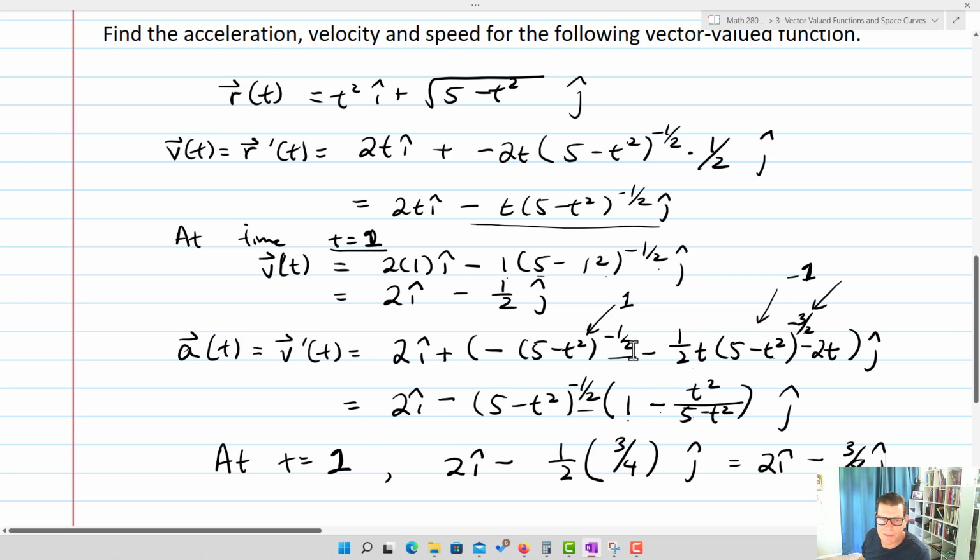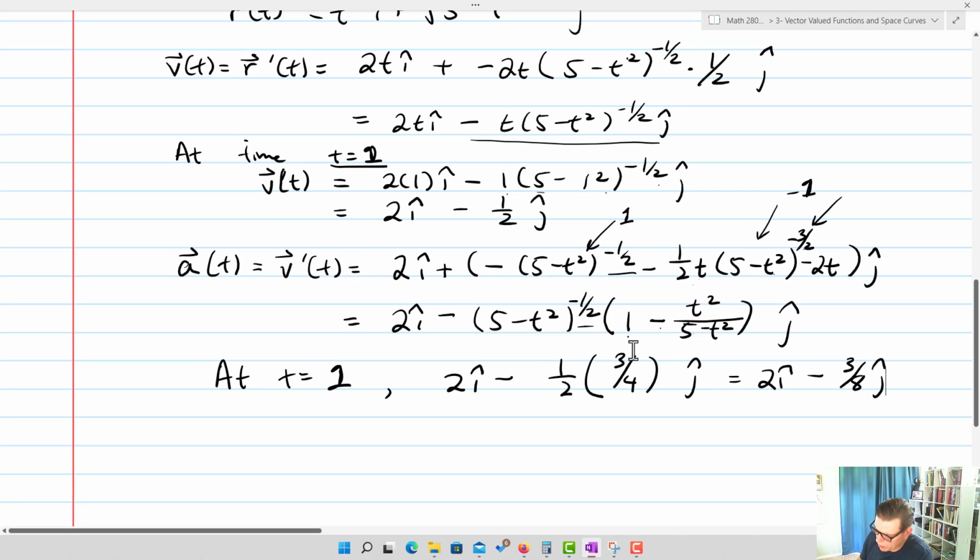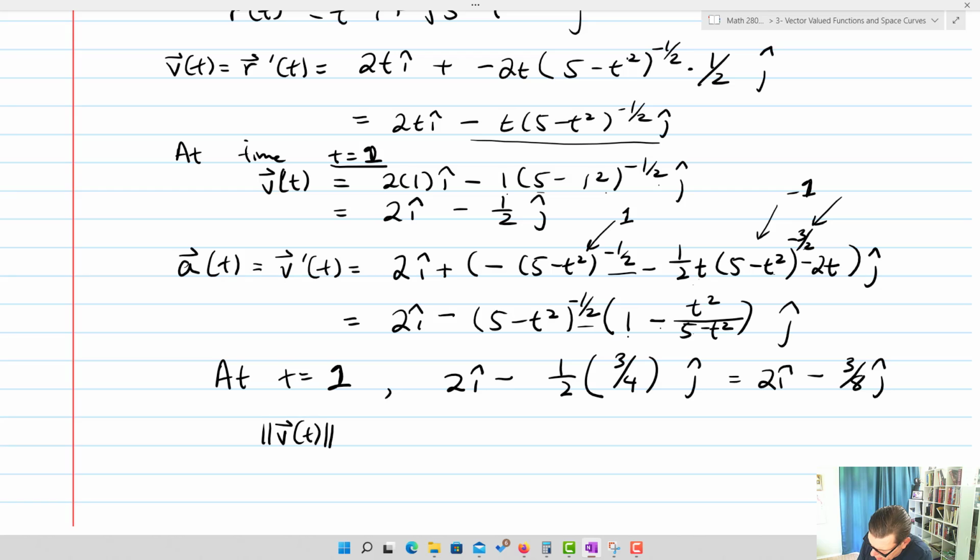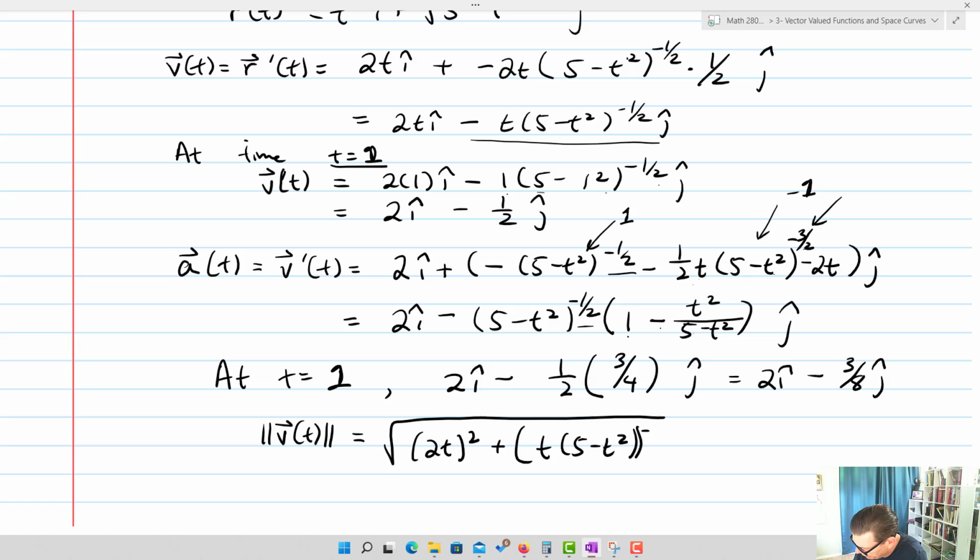Now let's go find the speed. So we're going to take the magnitude, so our speed is going to be the magnitude of v of t, and so that's going to end up equaling the square root of (2t) squared plus, and this is going to be t times (5 minus t squared) to the negative 1/2, all that squared.